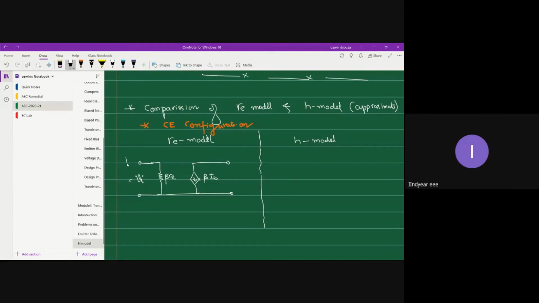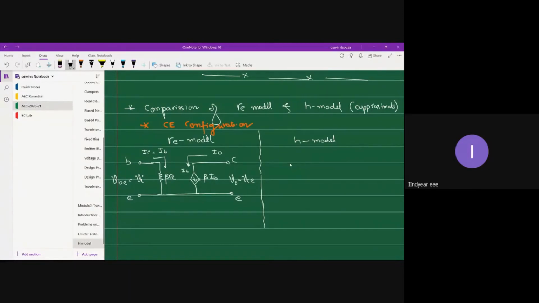This is your base, emitter, collector, and emitter. This is your V0. So V0 is VCE and VI is VB, right? And this is your input current II, which is equal to IB. And this is your output current I0, which is equal to IC. So this is your RE model.